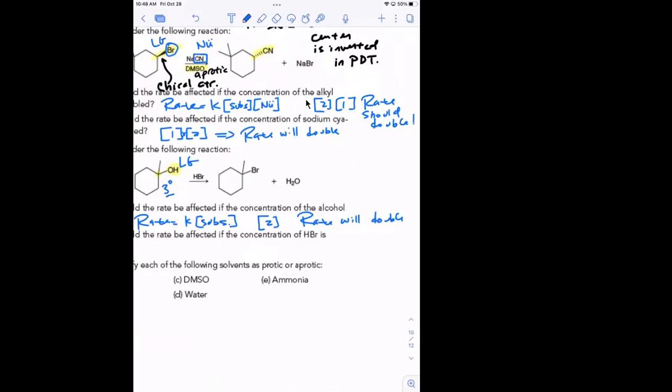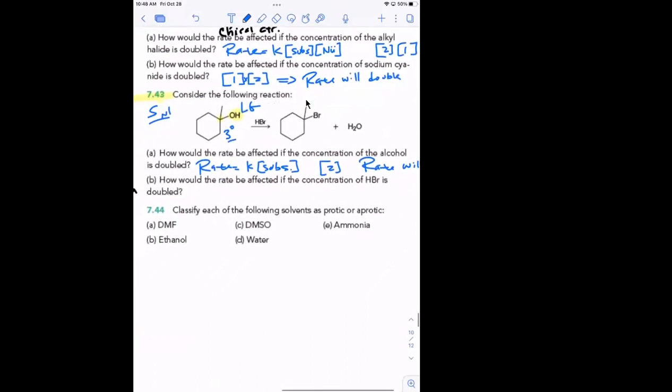All right, next part of that question says, how would the rate be affected if the concentration of HBr is doubled? Is HBr a part of that rate law? What's going to happen to the rate if I dump more HBr into this reaction? Nothing.